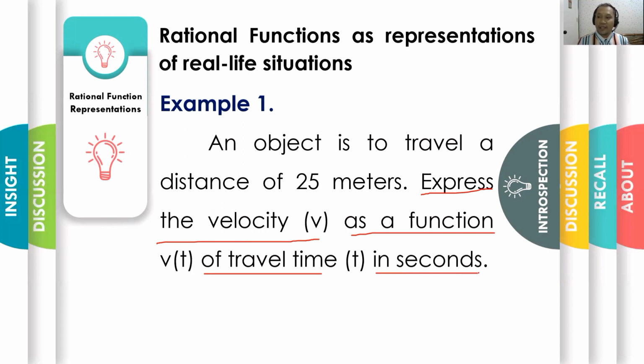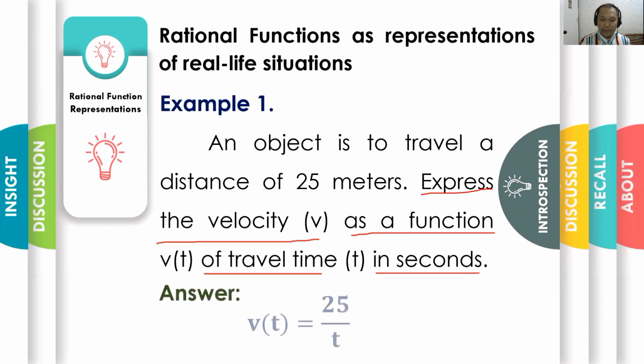Okay, we are asked to represent a rational function about an object that travels a distance of 25 meters, but we are not looking for the distance, but rather we are asked to express the given velocity of the object in terms of time.